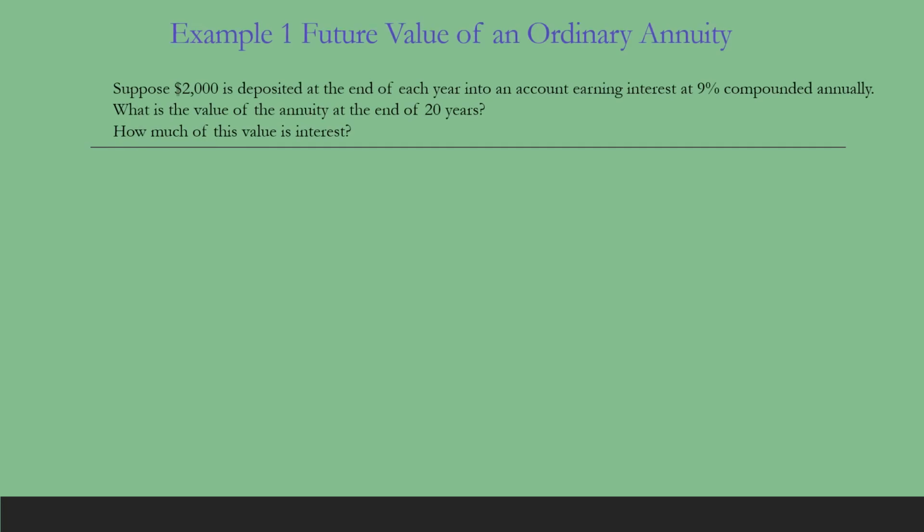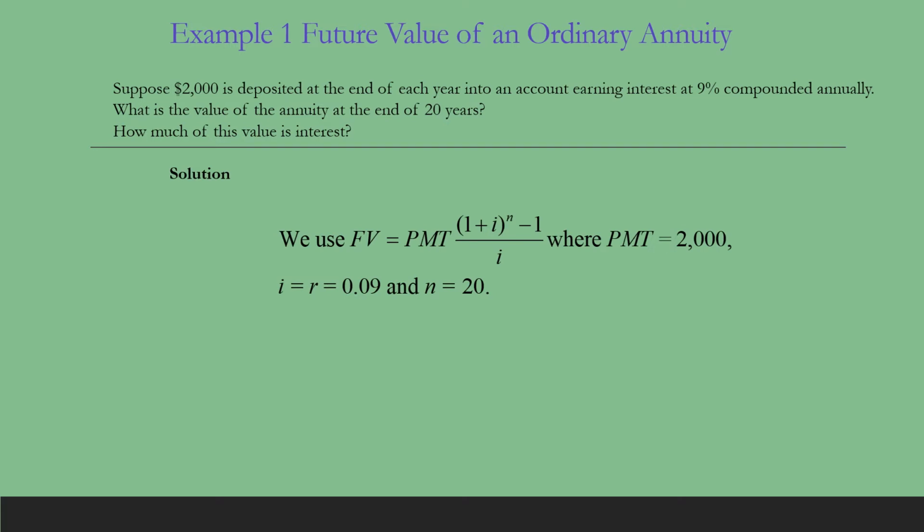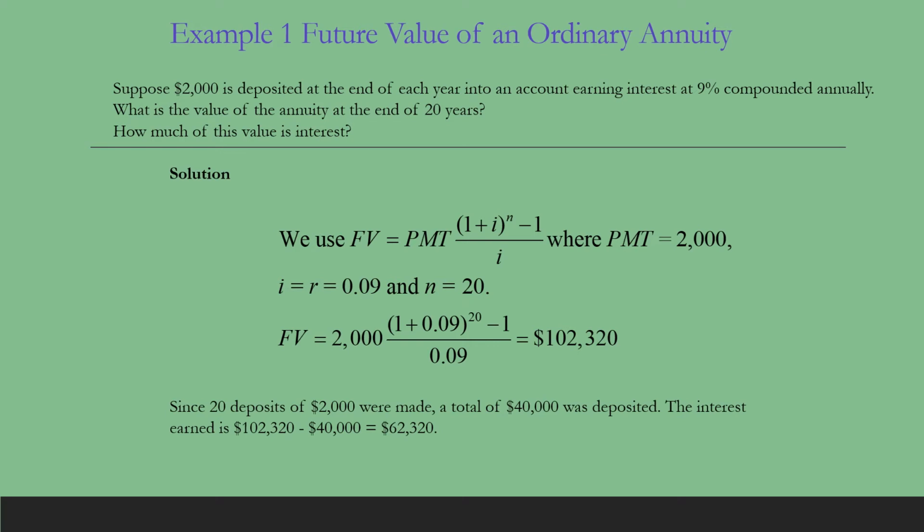For example, 2,000 is deposited at the end of each year into an account at 9% compounded annually. What is the value at the end of 20 years? And how much of this value is interest? In the same way, if I use the FV formula, we can calculate the future value as 102,320.